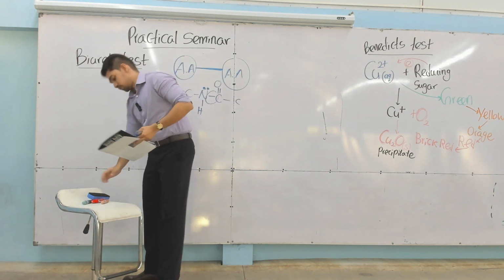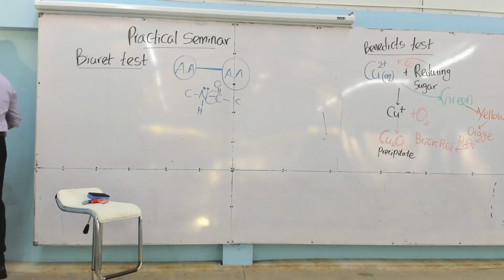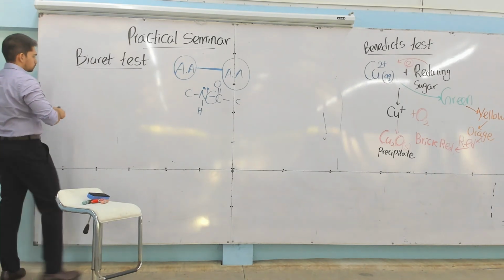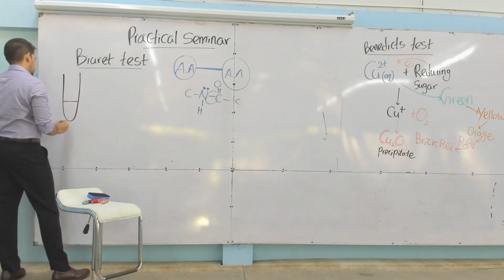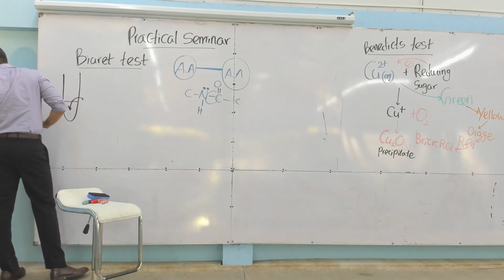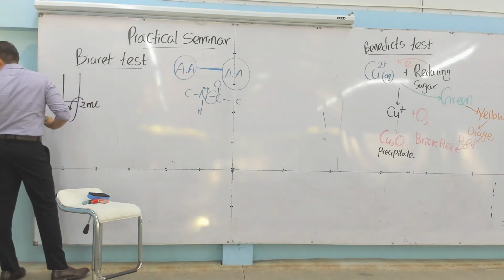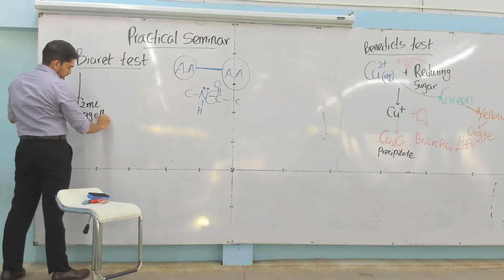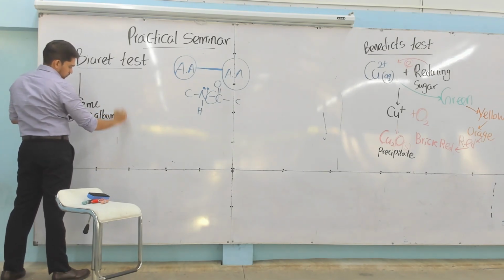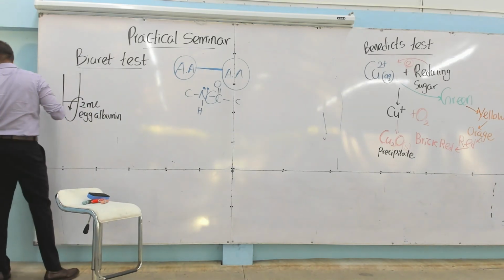So, what is the procedure? To a test tube, you add 2 ml egg albumin, egg white again.